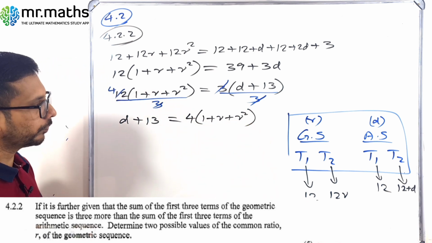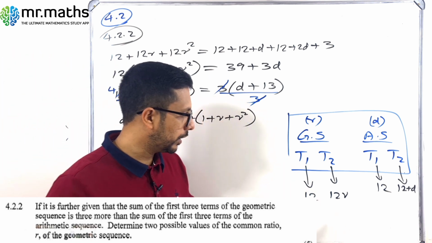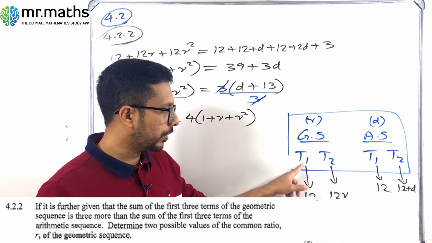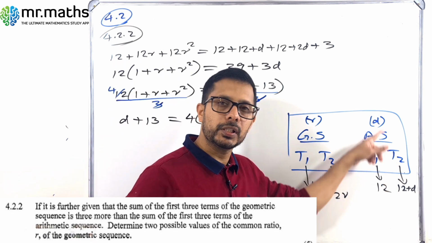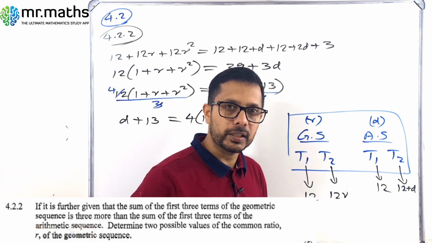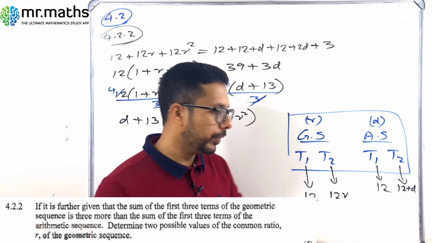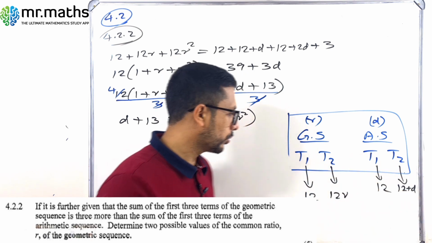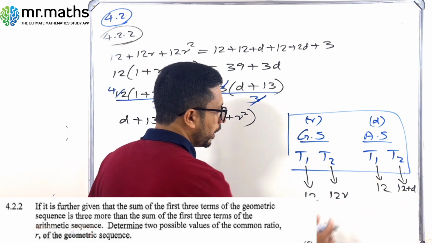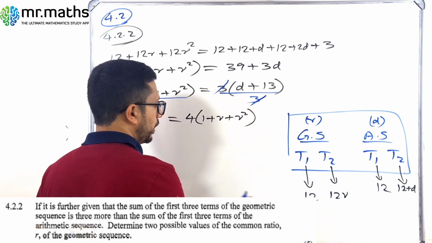Okay. Now look at the first sentence given in the question. It is given that the first 2 terms of the geometric sequence and the first 2 terms of the arithmetic sequence are equal. Am I right? So I told you, if the first 2 terms are equal, it means that the sums of the first 2 terms are also equal. So from here, what can we write?